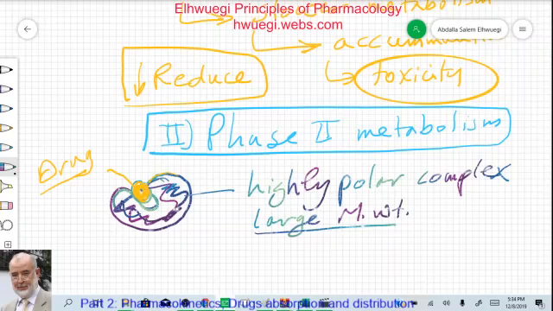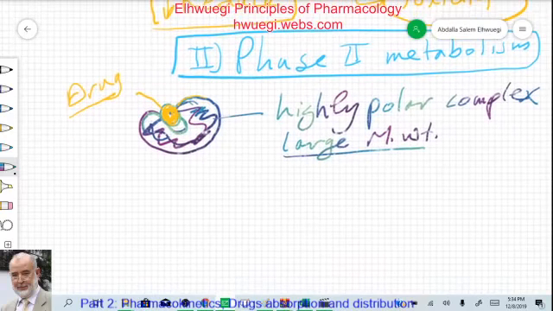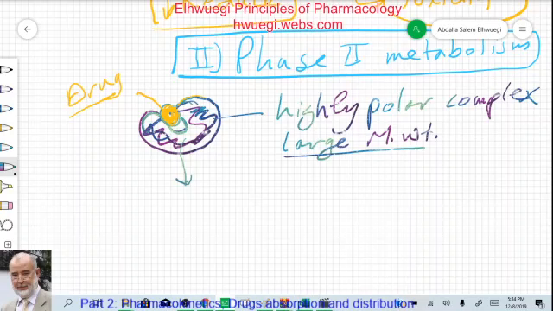How does this happen? What are the molecules? These molecules can be glucuronide, or sulfate, or acetate.